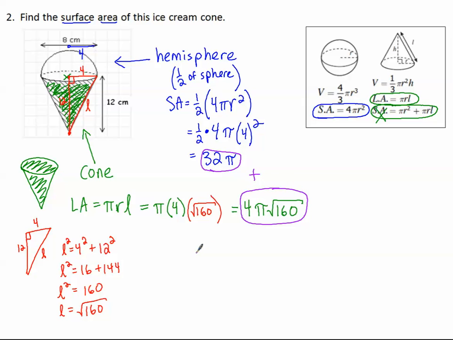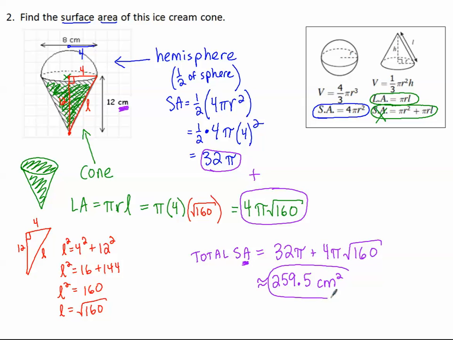So in total, my total surface area, 32 pi plus 4 pi square roots of 160. Let's type that in all at once with the pi and everything and get approximately 259.5. Now I'm using centimeters and this is still area, so it's centimeters squared. That is pretty exciting when we get it all put together.